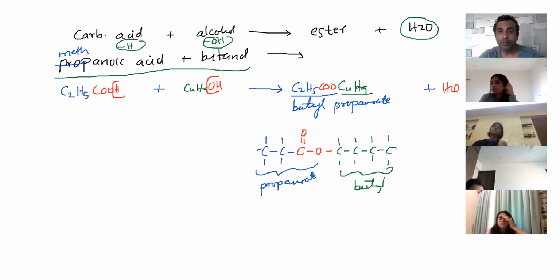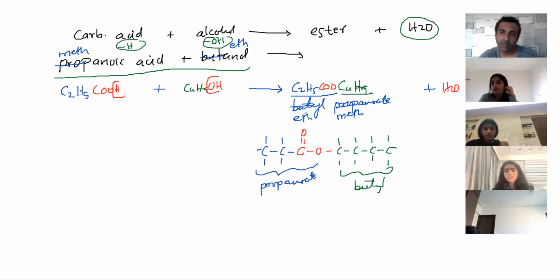If suppose instead of butanol, if I take ethanol, then the first word will change. This will be ethyl. Is that clear? Yes, sir. So in the name of the ester, remember the first word comes from the alcohol, second word comes from the acid.